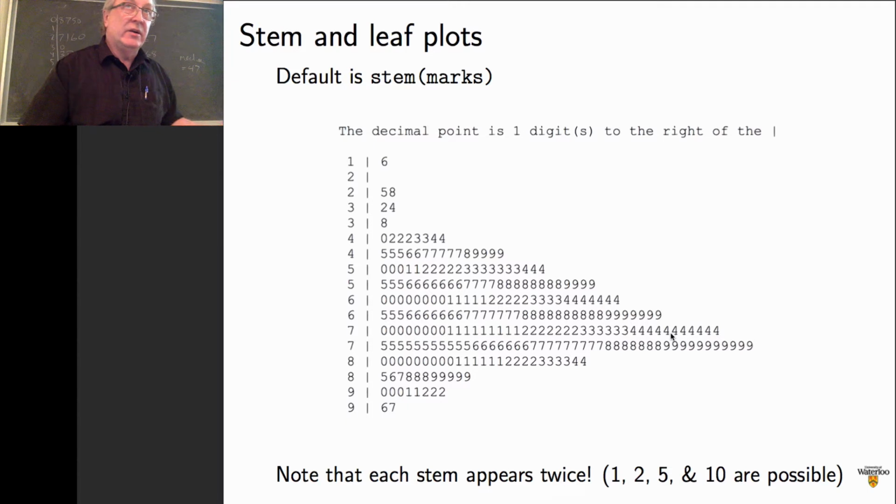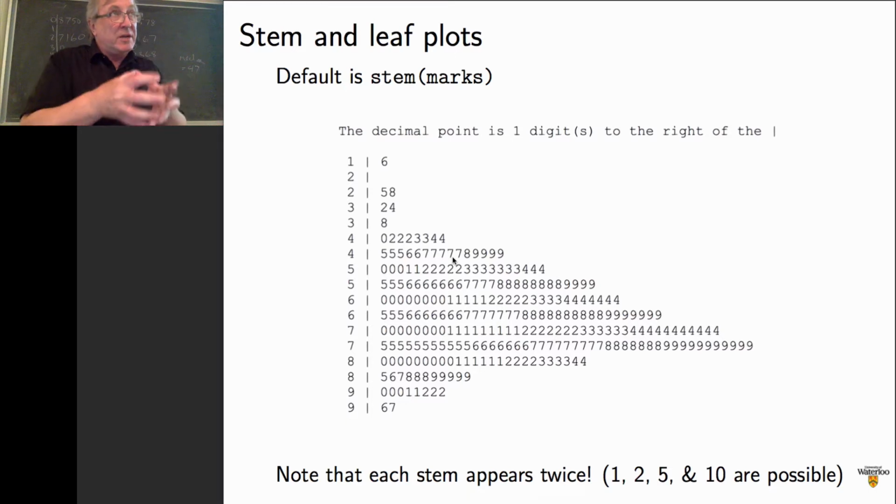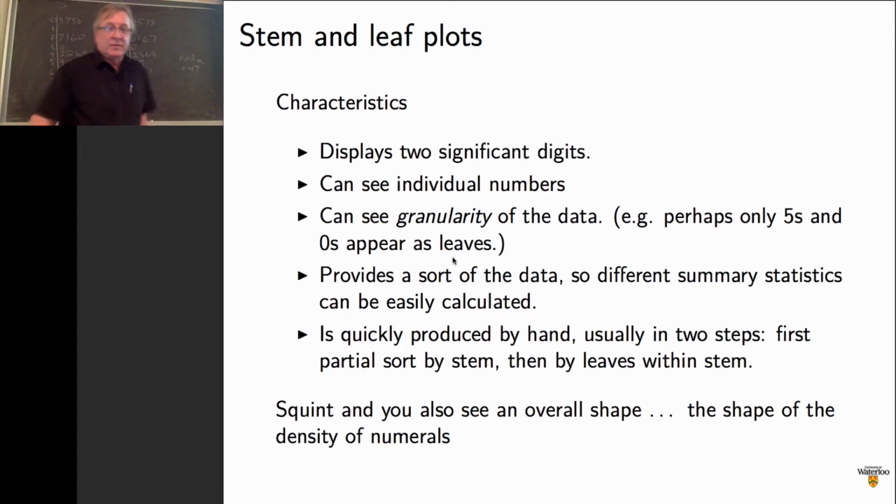That's the granularity of the data. So I can see that this is a fairly fine grain, down to individual marks, and it's not just the even marks. So you can see the individual marks, and you can see what the measurement is for this data. So it's got a lot of detailed information.